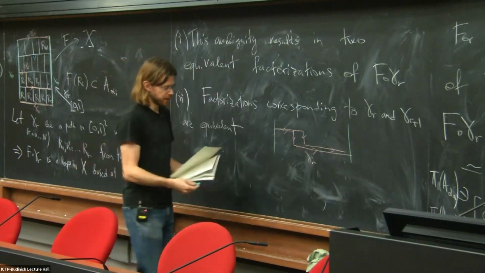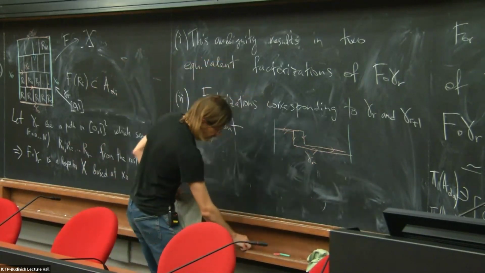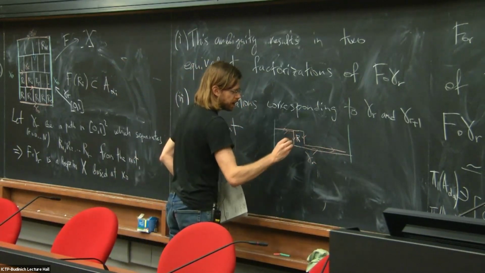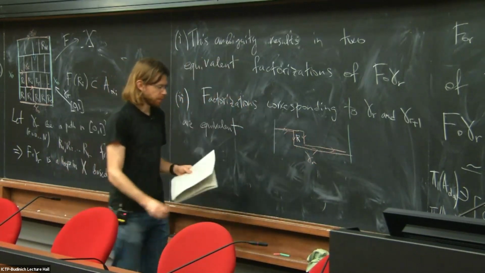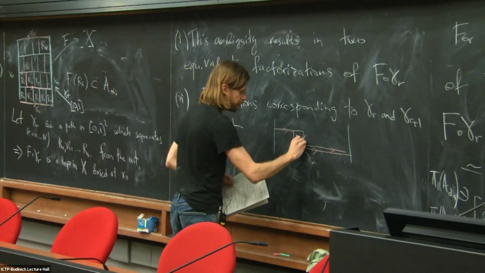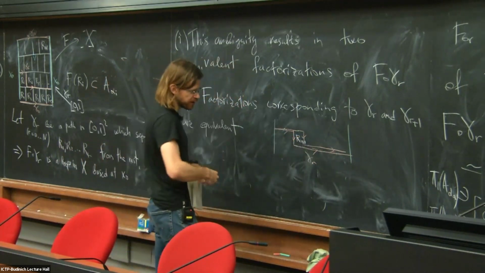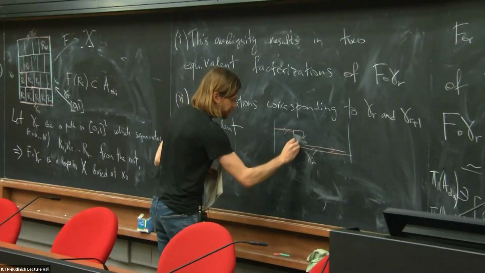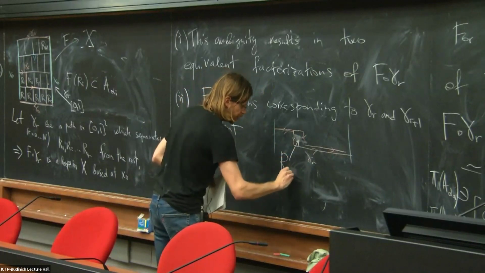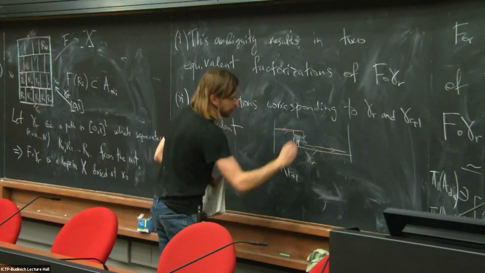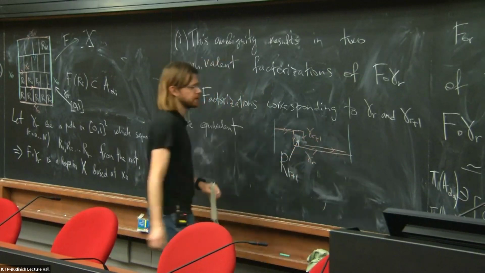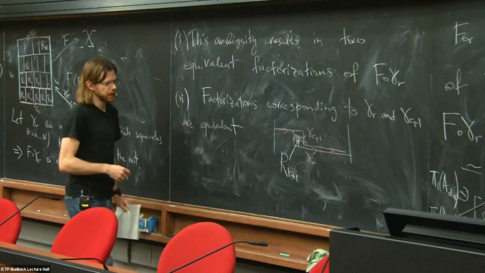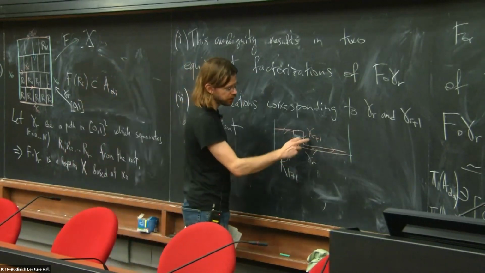They differ by the small square R with index r plus 1. The path jumps by one square when you change gamma r to gamma r plus 1.